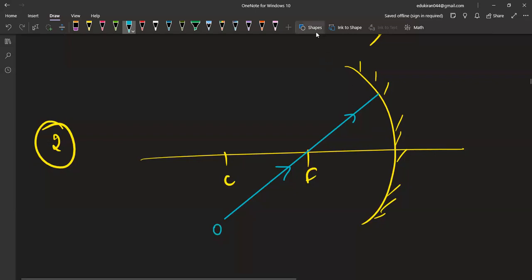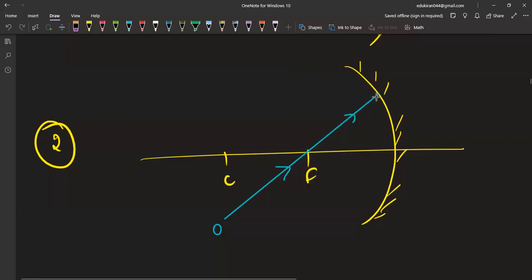Again, the mirror is the same, so this becomes exactly the reverse. If it is coming, passing through the focus and striking the mirror, then the ray of light becomes parallel and goes to infinity. This is the rule: the ray of light will become parallel and it will go to infinity.